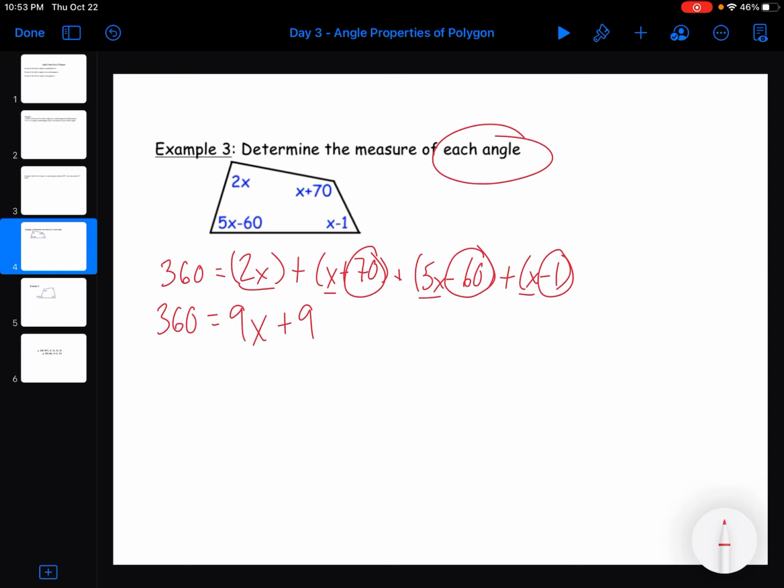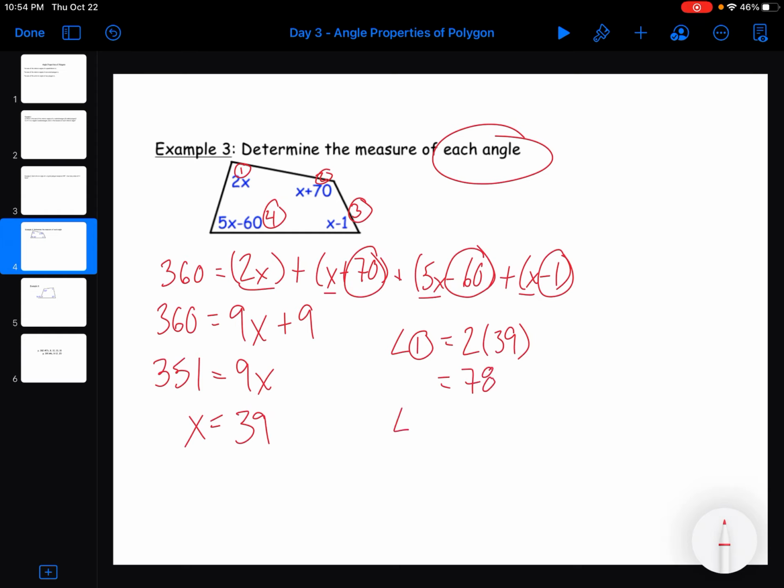So now I'm going to get 351 on the left side. So I'm going to get 360 minus 9 is 351 equals 9x. And then x is equal to 39. So now what I actually have to do, though, is I need to go and sub in to all of these angles to find out what they're all equal to. So angle 1 equals 2 times 39, which is 78.